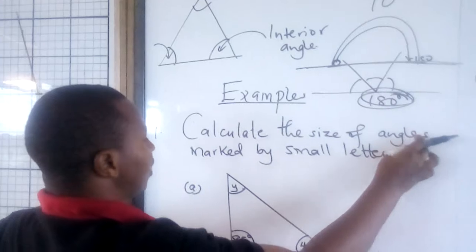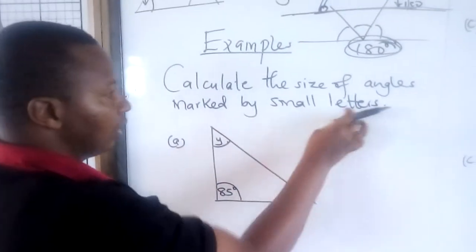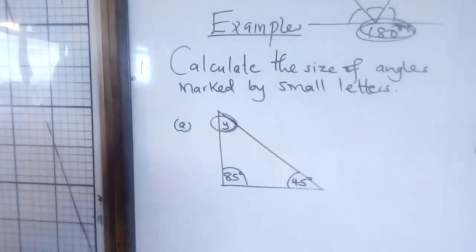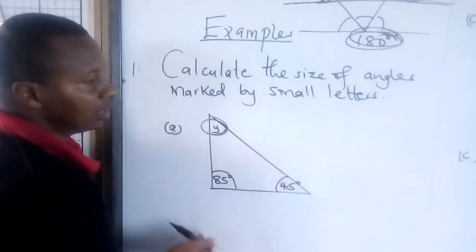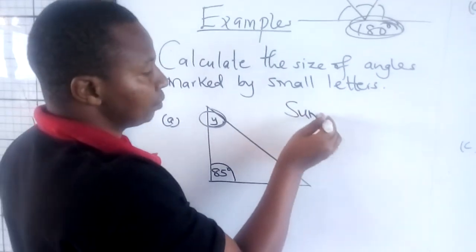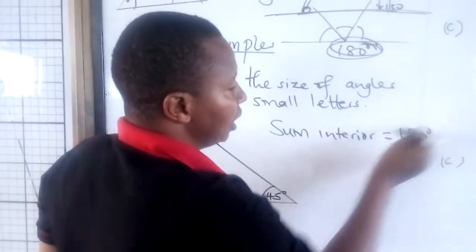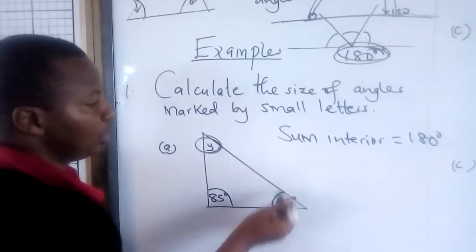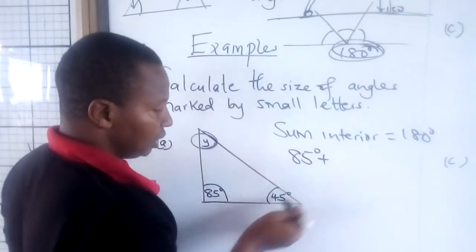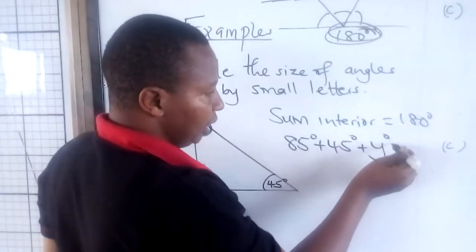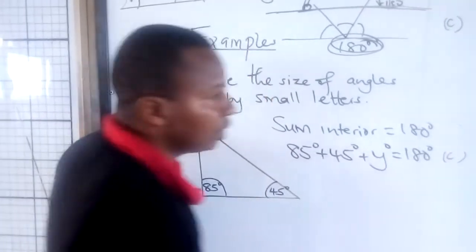Calculate the size of angles marked by small letters. So in our case, our letter here is Y. We are given these two angles. Remember, we have said the sum of interior angles adds up to 180 degrees. So when we add 85 degrees and 45 degrees and our Y degrees, you will get 180 degrees.